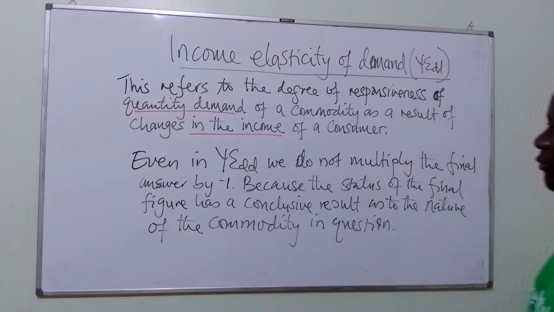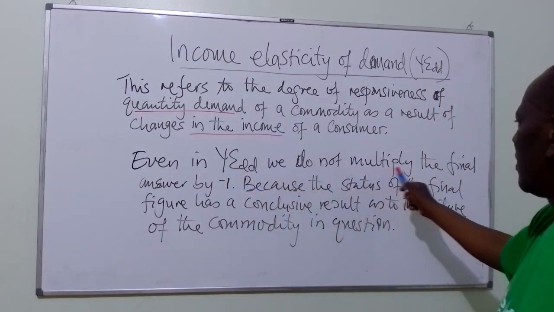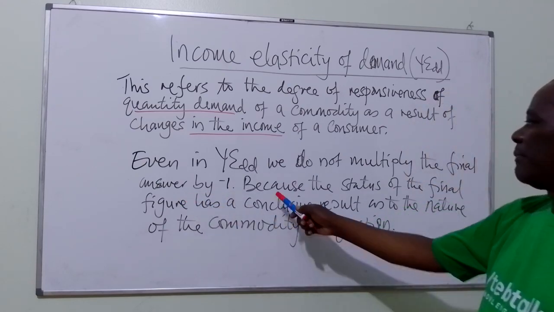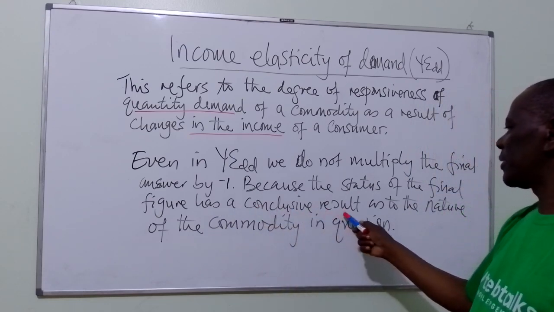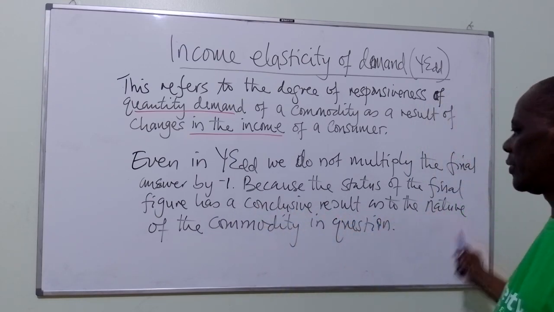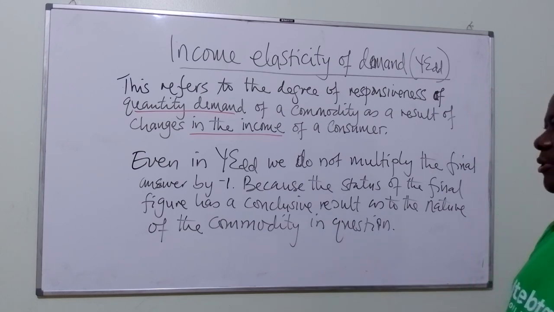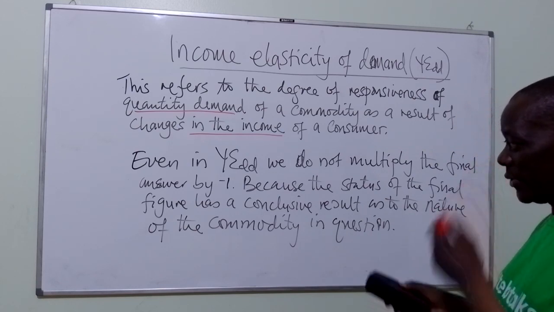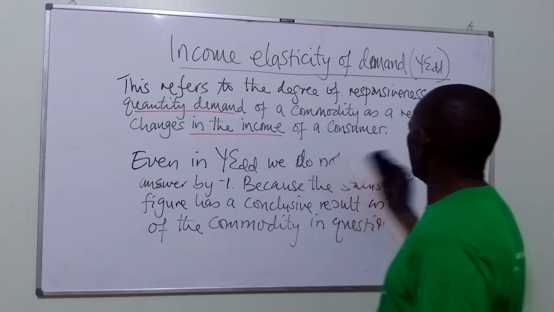We have said that even in income elasticity of demand, we do not multiply the final answer by -1, because the status of the final figure has a conclusive result as to the nature of the commodity in question. So if they ask you why you don't multiply, it is because of this answer.